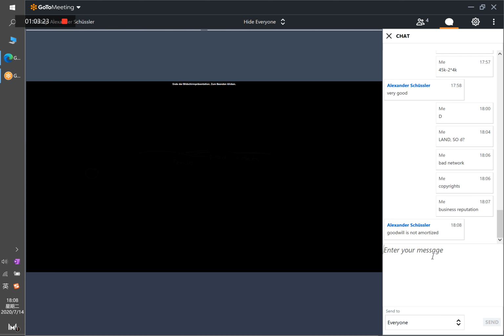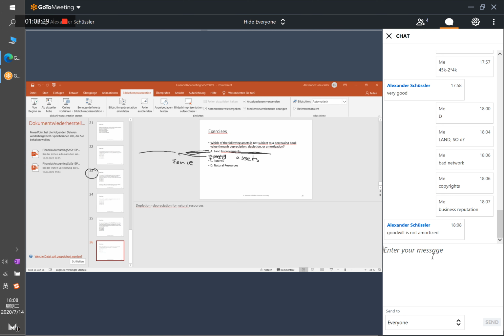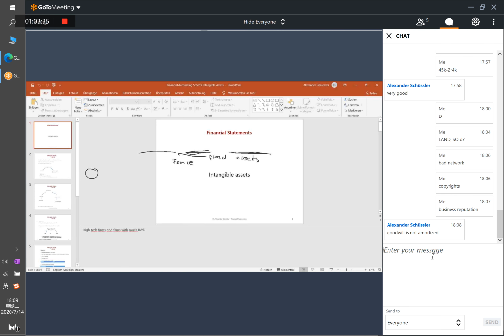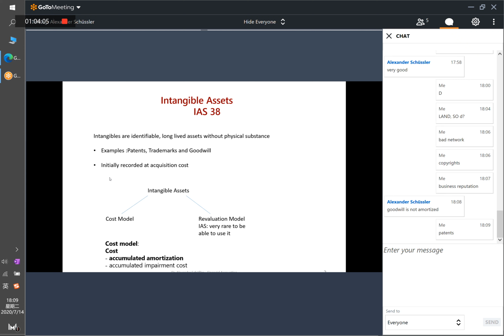This one is over, but I would suggest we start with the next section because we had an interruption because of the bad internet connection. So let us start with the next section, and the next section is intangible assets, those assets that are not tangible, that are intangible.